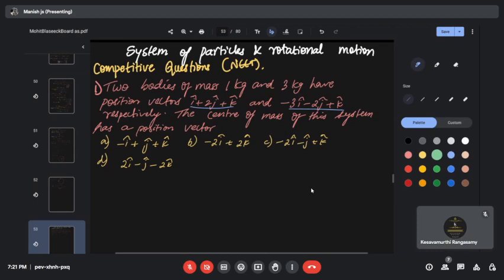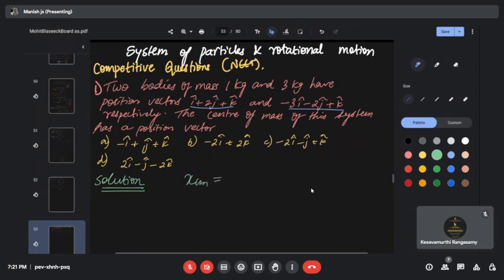For x center of mass, and for y, and for z. What is the general formula for center of mass? The mass times the distance from its axis upon the total mass. So we just need to apply that. I'm just giving you the formula.